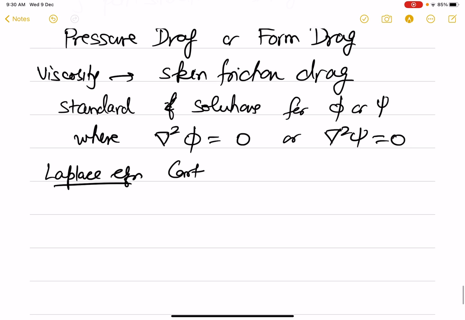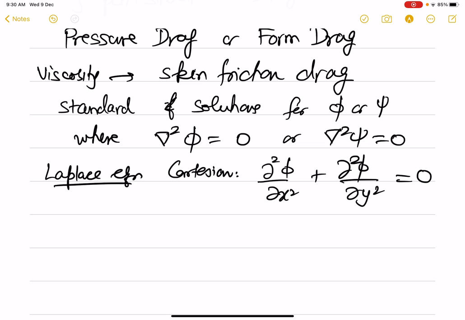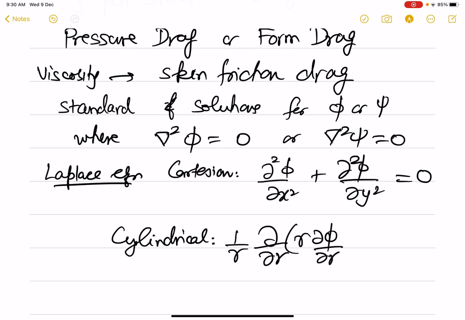In Cartesian coordinates, this looks like d2 phi by dx square plus d2 phi by dy square is equal to 0. And in cylindrical coordinates, you can check this, this looks like 1 over r d by dr of r partial phi by partial r plus 1 over r square partial square phi by partial theta square is equal to 0.